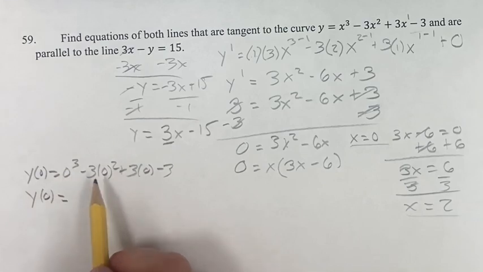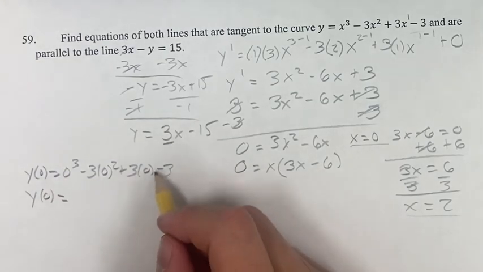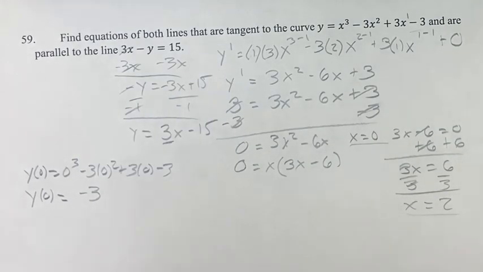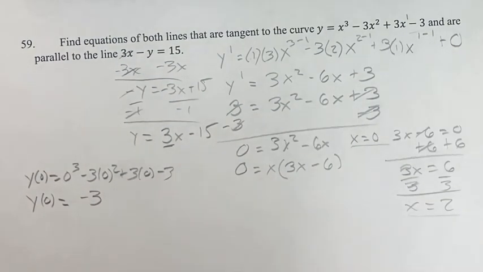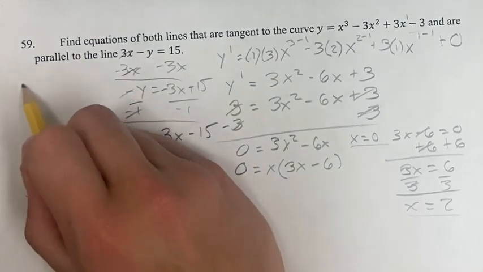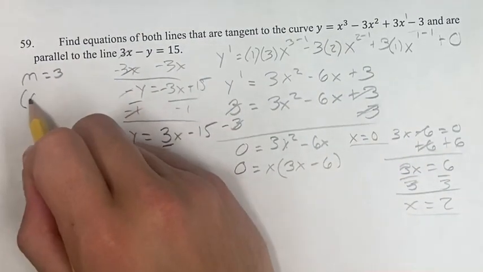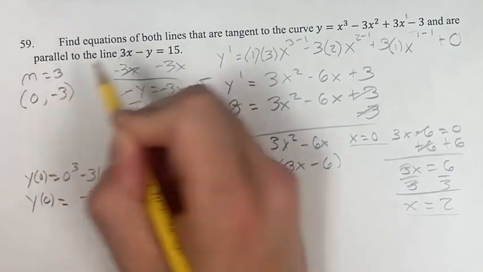This is equal to 0 minus 0 plus 0. Minus 3 at the end is just your final answer. So we know here we have slope is equal to 3, like we said originally, and the point x is 0, y is negative 3.